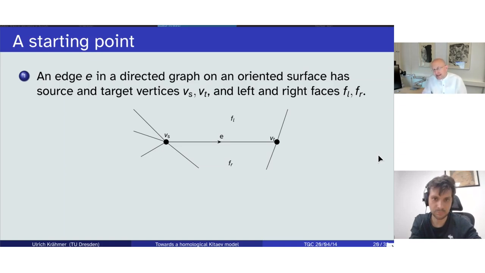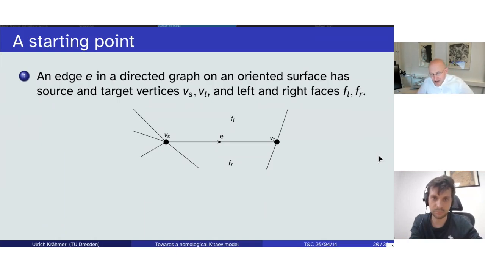So in particular, I haven't said that. I said I choose a graph, but also for the models that we generalized, you also need to choose a direction on the edges of this graph. So the edges of the graph carry small arrows, which at the end of the day don't matter, but they have to be there in the first place.